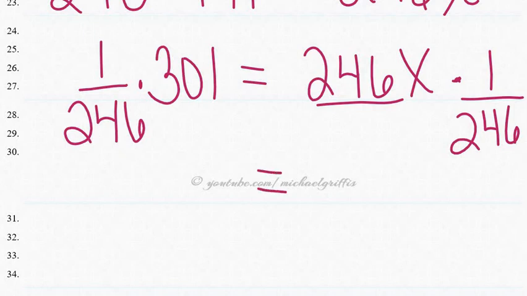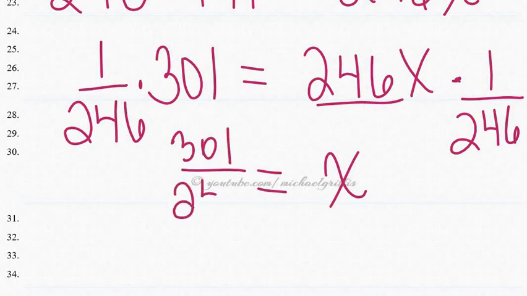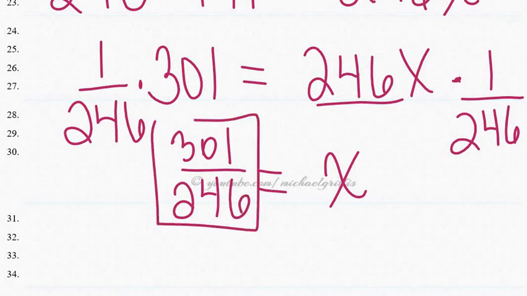So we end up with x is equal to 301 over 246. Okay. So this, as long as we didn't make any mistakes, is going to be our solution to the equation.